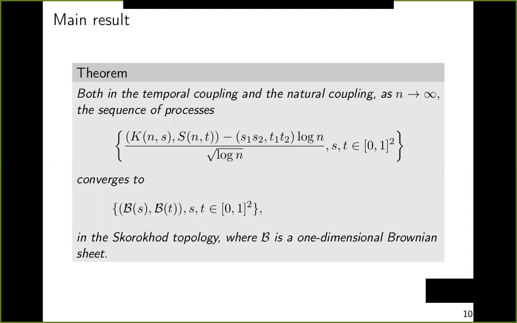And in fact, as n ranges over the natural numbers, this is going to be a sequence of random processes. And our main result is that this sequence of random processes converges to a two-dimensional random process, B(s,t), where again, s and t range over the unit square. And B is nothing but the one-dimensional Brownian sheet. Thank you very much for your attention.